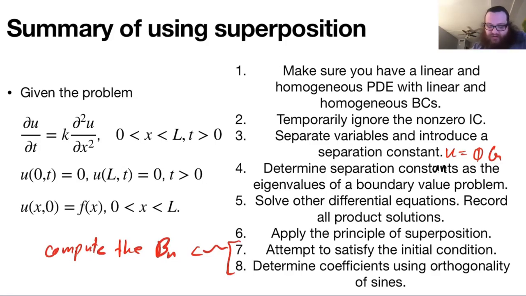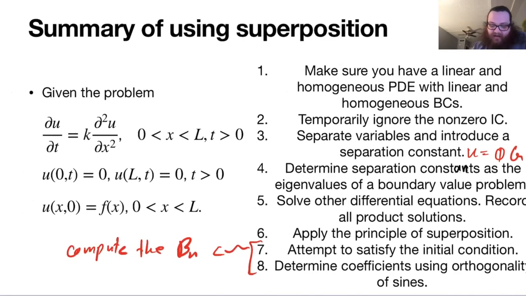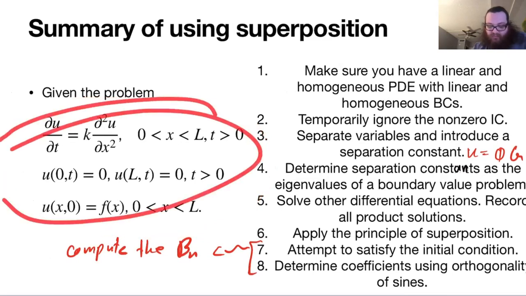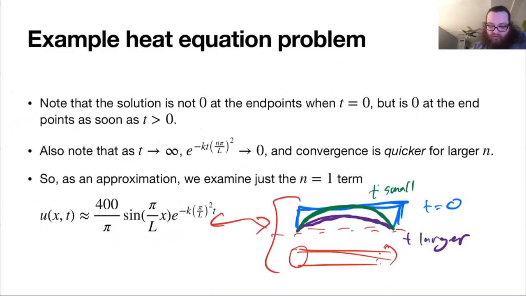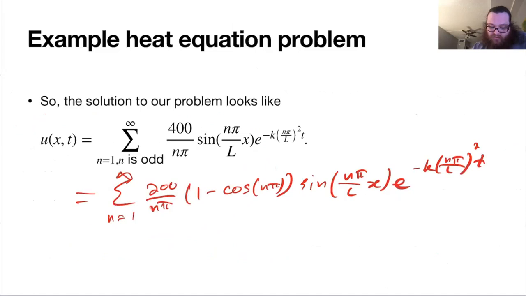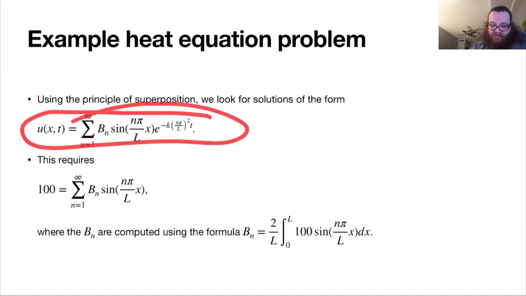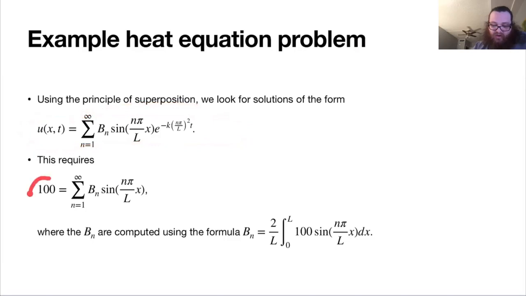In practice, if we know that we're working with this problem right here, what do we do? Take this, plug in our initial condition to get this, and then solve for the B sub n using this formula, where here you had f of x, your initial condition.